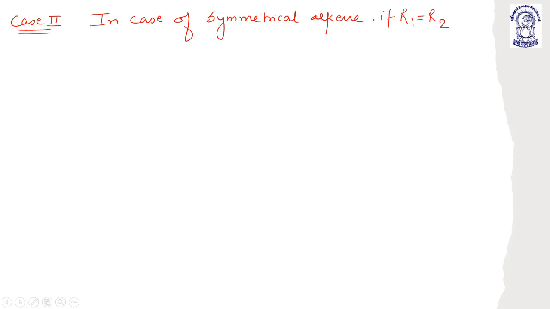In case of symmetrical alkene, when R1 is equal to R2, the groups attached to the carbon-carbon double bond are the same, then the number of geometrical isomers will be 2 to the power n minus 1 plus 2 to the power p minus 1.